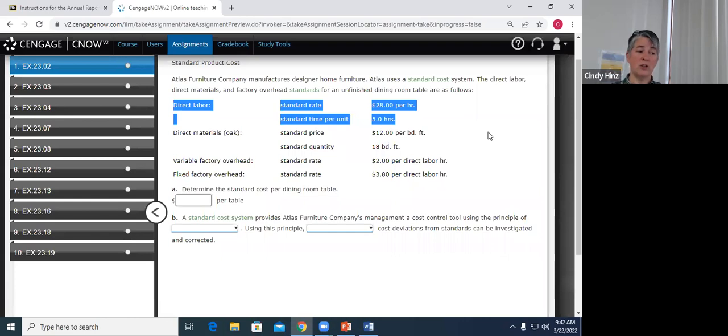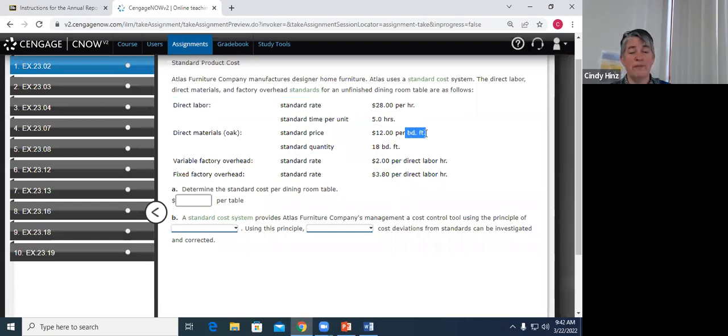And when we're talking about direct materials, the units are going to be something other than hours. Here we're talking about the direct material being oak, the wood that we're using, and the unit is board foot. So as we talk about how much we use, we're measuring it in board feet. And then how much it cost us is going to be based on that unit of board feet.